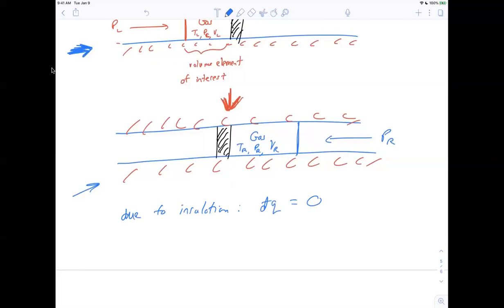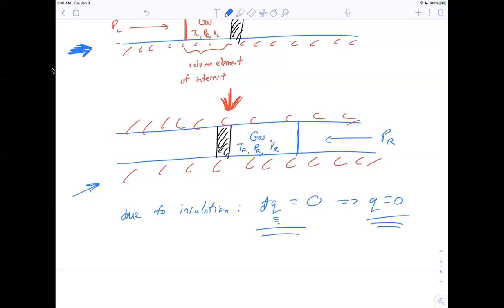There could be many other processes, so I could have any other subscript here. All we know is that there is no heat interaction for this process, and that's important to keep in mind. Any questions or any comments? That's good. It is insulated and hence there's no heat interaction.